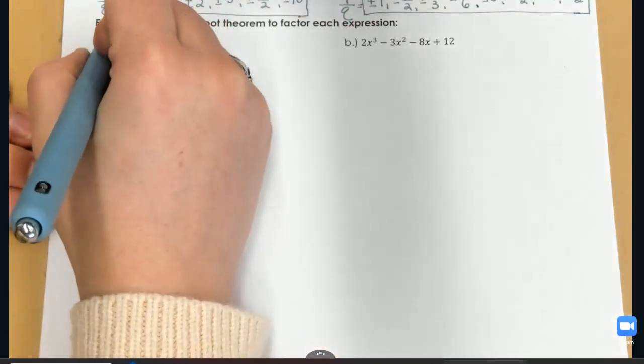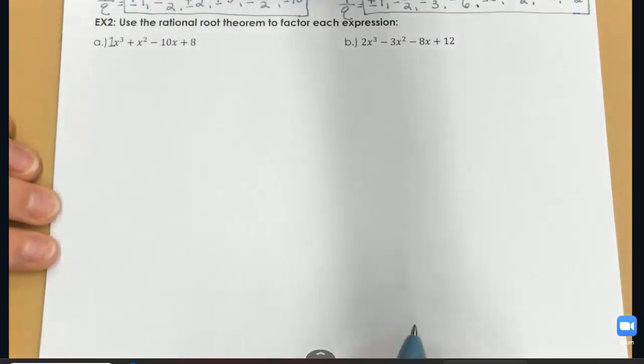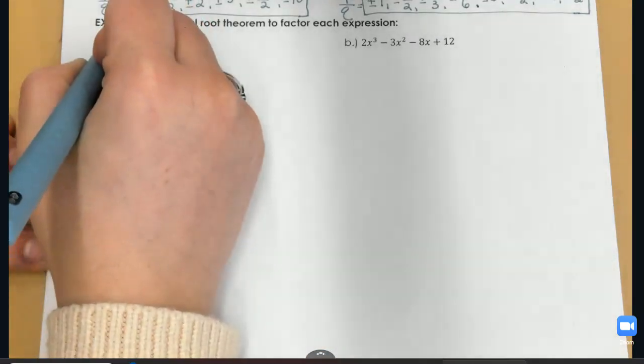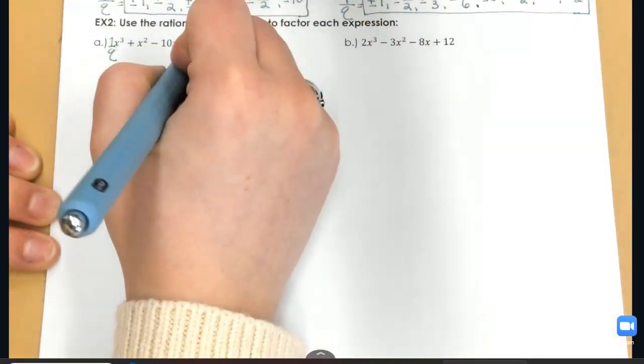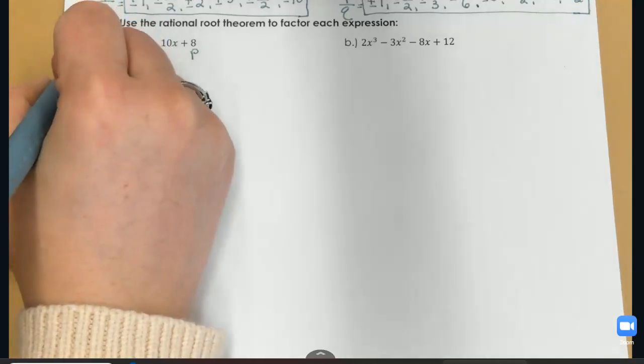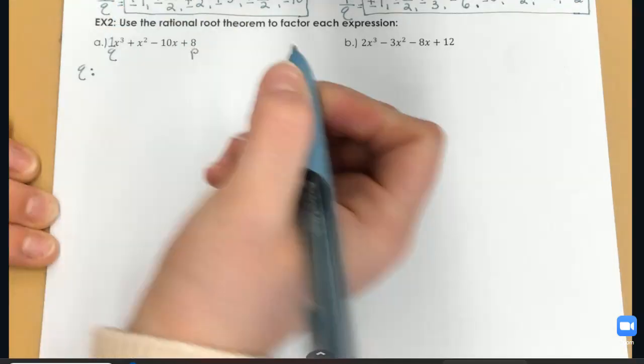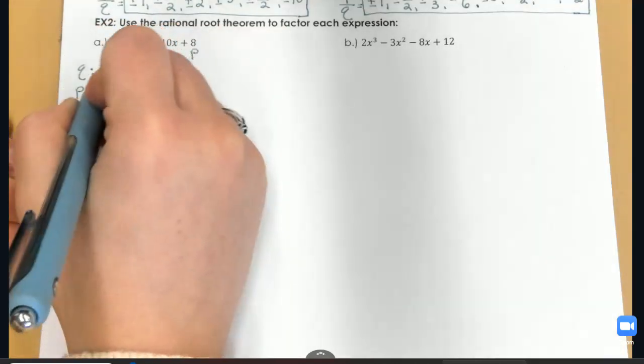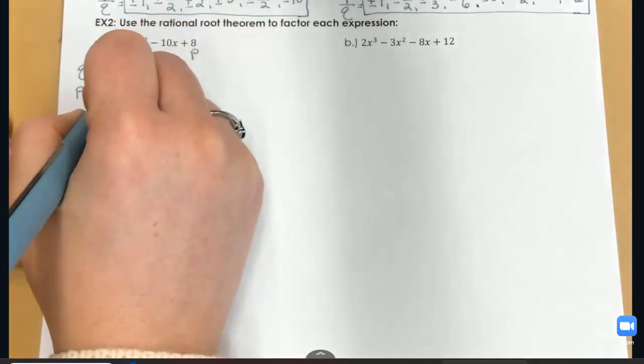So on the first one, if there's nothing written here, we're assuming that we have a leading coefficient of 1. So that means our q value is 1 and p is 8. So starting with all of our factors of q, if it's just 1, that's just going to be plus or minus 1. Now for 8, for my p values, that is going to be, again, plus or minus for all of these.